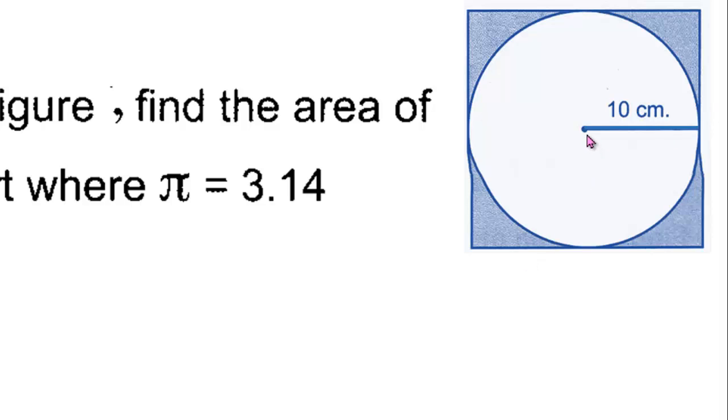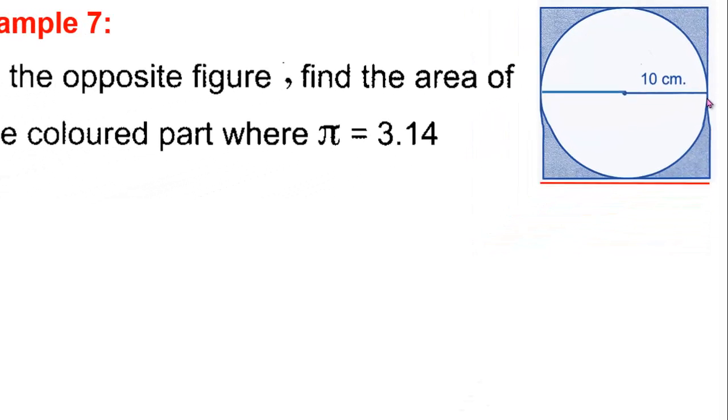So if we have a look here at this 10 centimeter, knowing that this 10 centimeter is the radius, then the other radius will also be equal to 10 centimeter. Have a look here at this diameter. This diameter is equal to the side length of the square. So I know now that the side length of the square is equal to 20 centimeter. Is it easy now to find the area of the square?